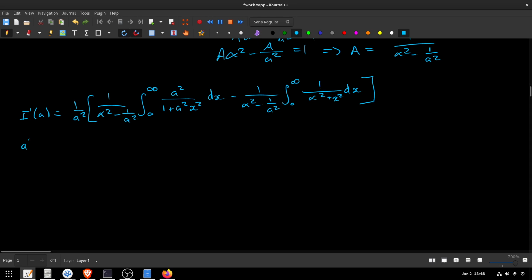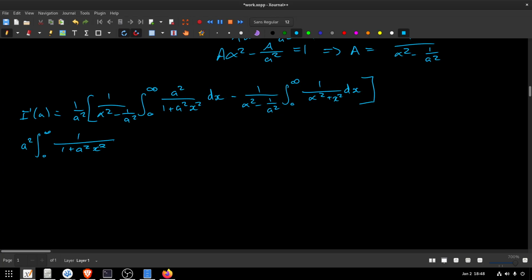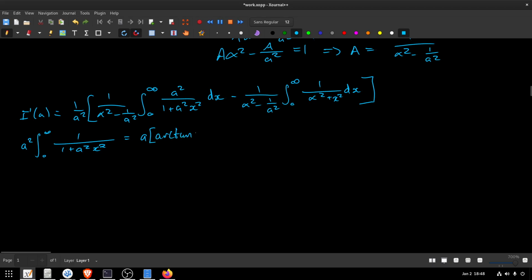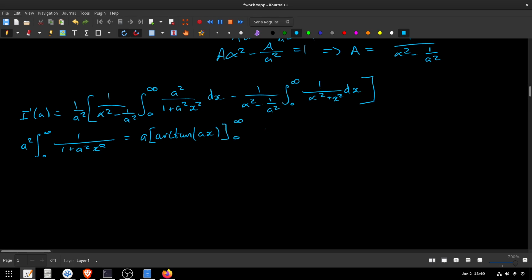The first one is going to be a squared times the integral from 0 to infinity of 1 over 1 plus a squared x squared. That is just going to become a multiplied by arctan of ax from 0 to infinity, which is going to be a pi over 2.